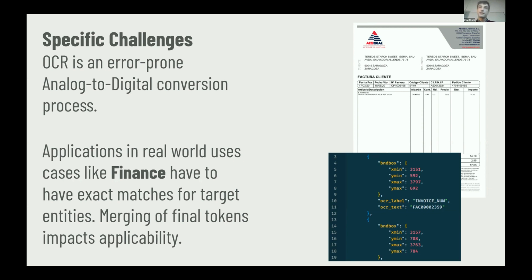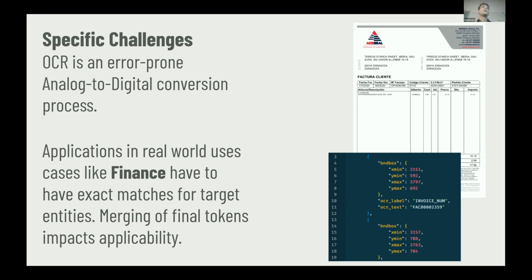What we have realized, especially for a use case in finance where we're processing invoices, is it's not enough to only look at the accuracy of the classification of tokens, because at the end of the day, if there's an issue with the OCR, or if there's an issue with how your OCR distributes tokens and how you label tokens, and furthermore, how you merge these tokens together, it can have a large impact on the output of our model.